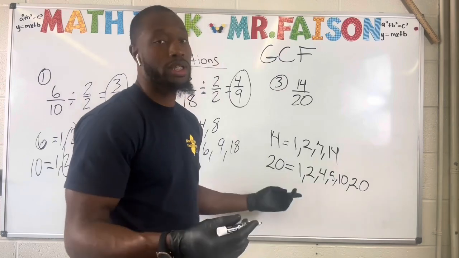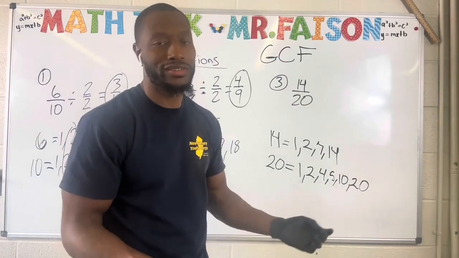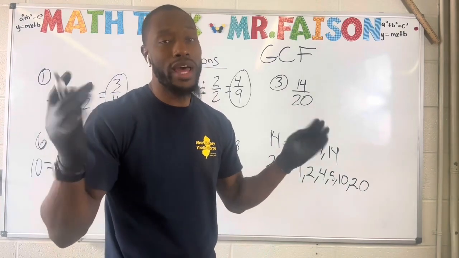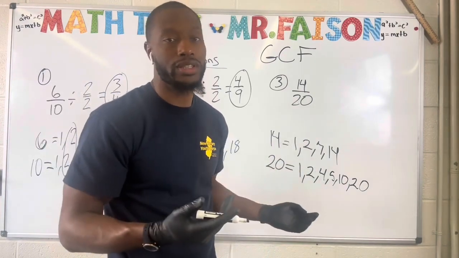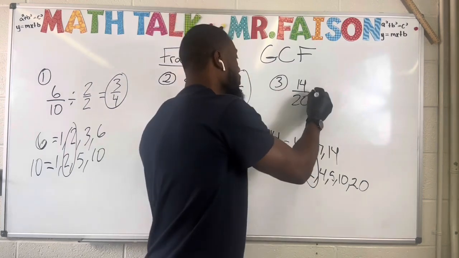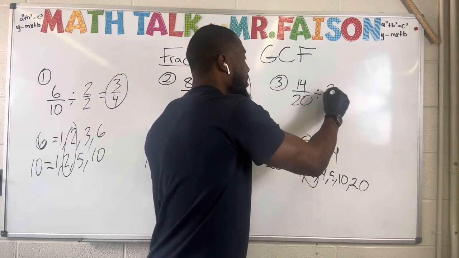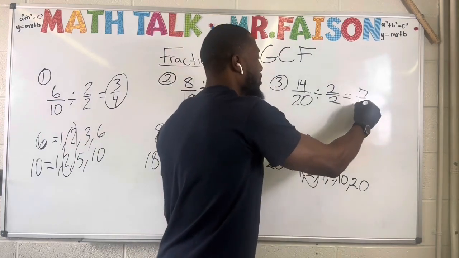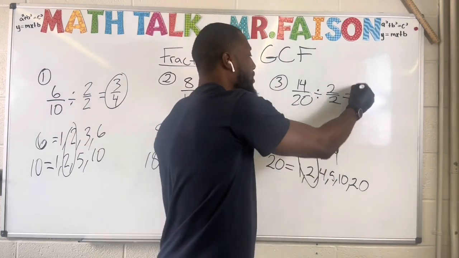If I look, it actually falls to 2 again, right? Just so you know, it doesn't always fall to 2. It just so happens in these three problems that it did. So I'm gonna divide both by 2. That's gonna give me 7/10, and that'll be my answer.